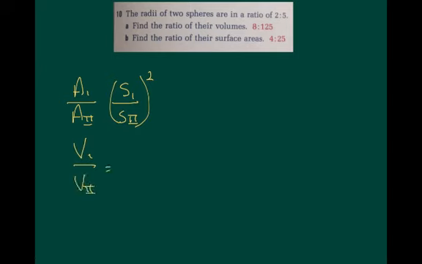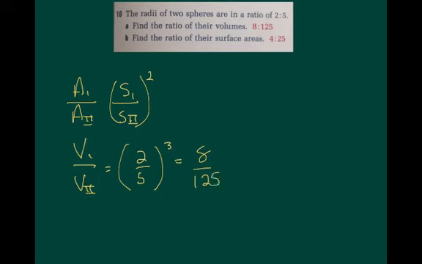And since we're cubing when we find the volume of a sphere, we're going to cube the respective radii in order to find the ratio of the two volumes. So I'm going to have 2 to 5, and I'll cube that, and that will give me 8 to 125.